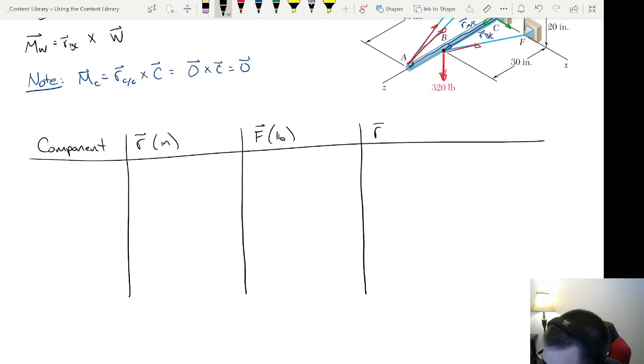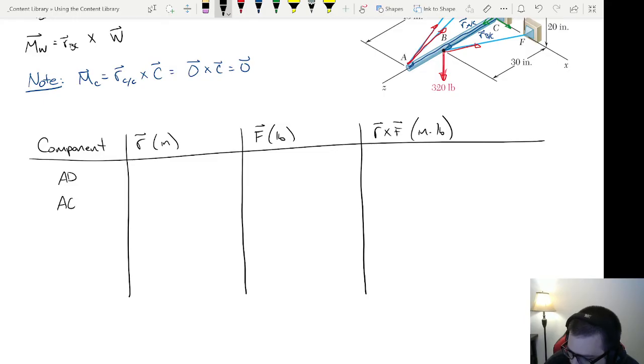Then we'll have R cross F in inch pounds. And let's see what we get. So again, we're going to have AD, AE, BF, and then W.